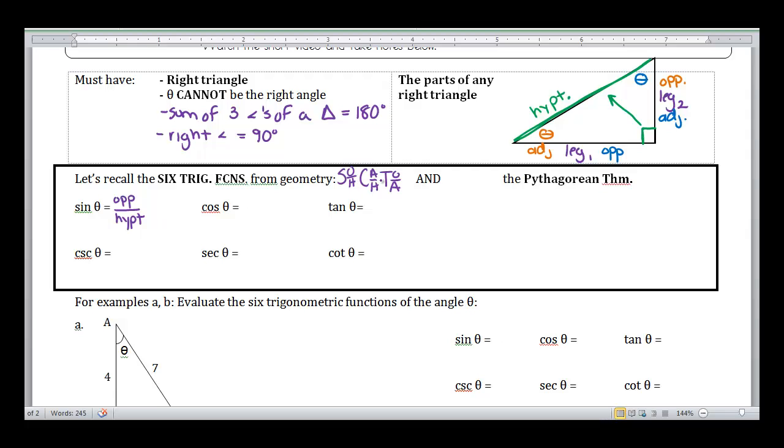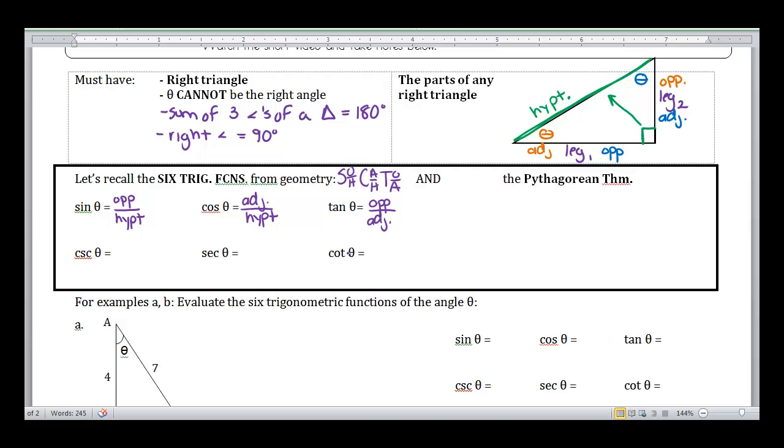In cosine, the CAH, the A stands for the adjacent side length, and again the H stands for the hypotenuse. In the TOA, tangent, O again stands for the opposite side length, and A the adjacent side length.